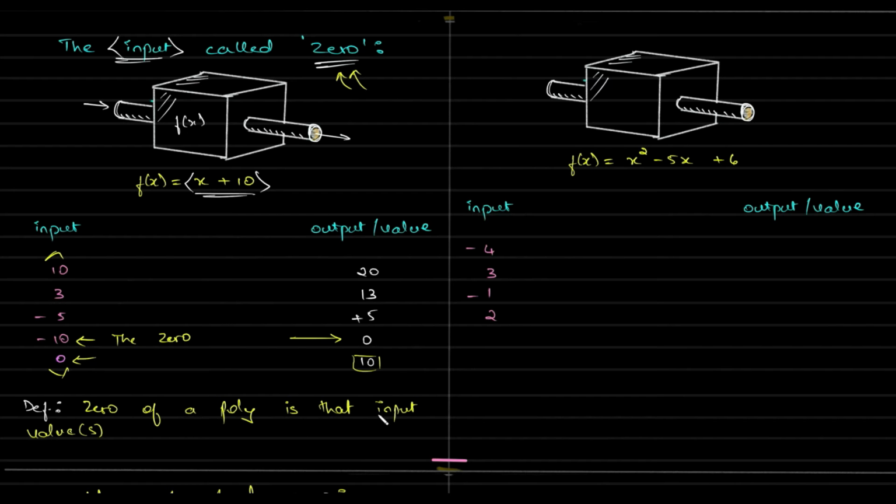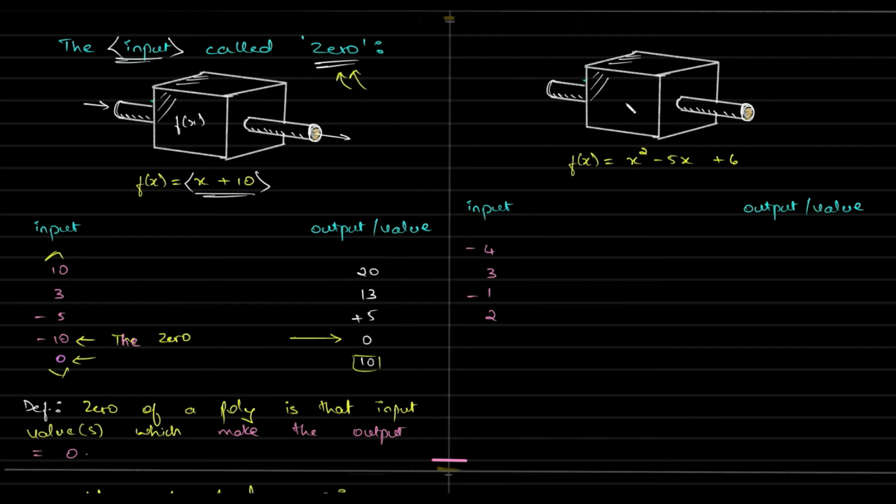The 0 of a polynomial is that input value which, this is the important part, makes the output to be equal to 0. Okay, right? Sometimes yes, numerical 0 can be the 0, but a lot of times 0 itself might not be the 0.